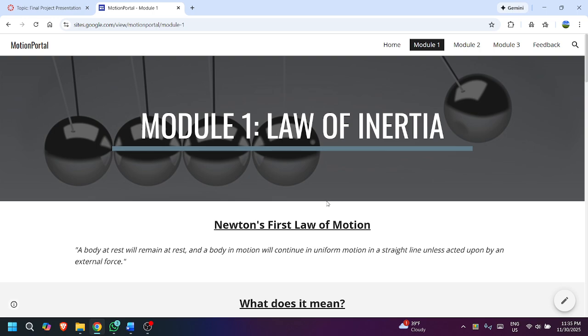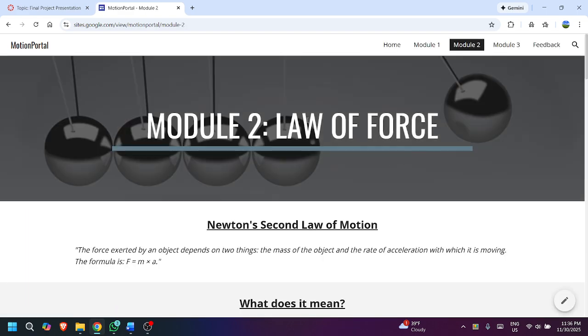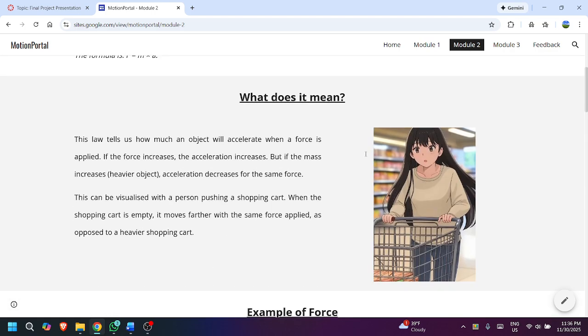Coming to the multimedia components, I included images which are relevant to the laws. For example, in the law of force, we explain what's happening, and we also display an image which describes that particular situation.